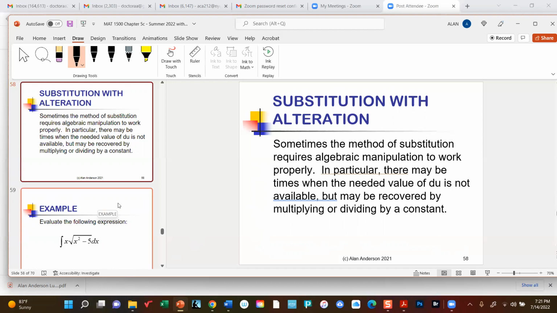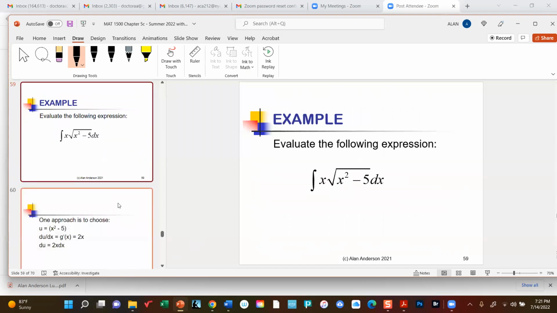So now if you look at something like this, you might say, oh, well, we're in trouble now. So let's do this. So that would make du dx be 2x, and du is 2x dx.